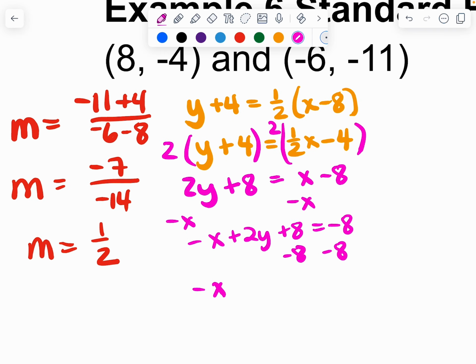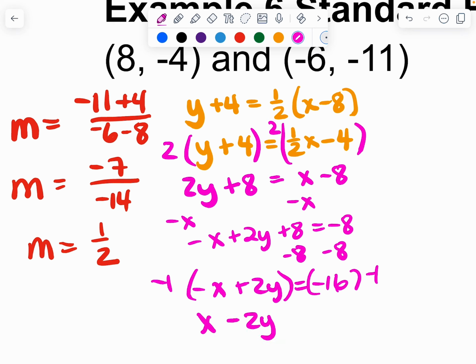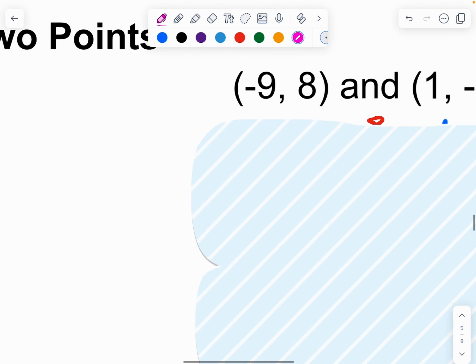I get negative x plus 2y equals negative 16. And many of you are like, oh, I'm finished. Nope. Got to multiply both sides of the equal sign by negative 1 because you can't have the coefficient in front of the x be negative. So there we are.